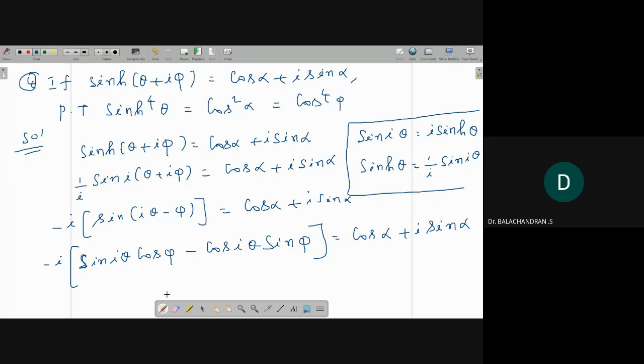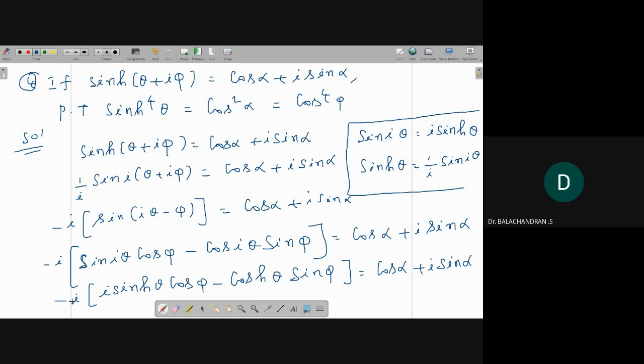So this is minus i sin i theta into cos phi minus cos i theta into sin phi. Sin i theta is i sinh theta, and cos i theta is cosh theta. So minus i into i sinh theta cos phi minus cosh theta into sin phi equals cos alpha plus i sin alpha.